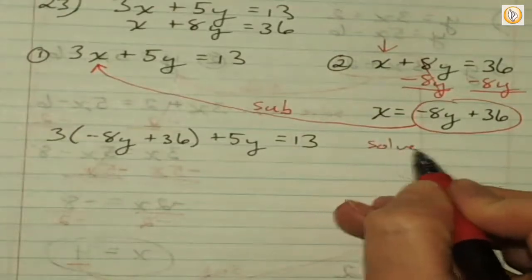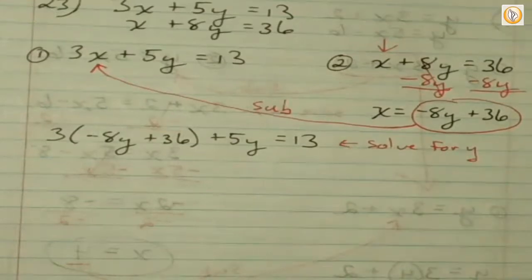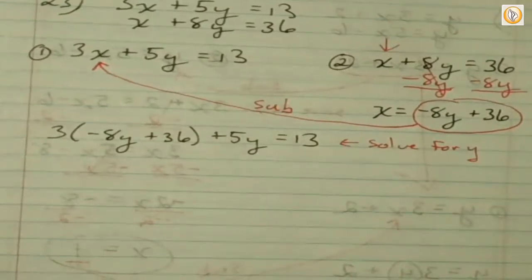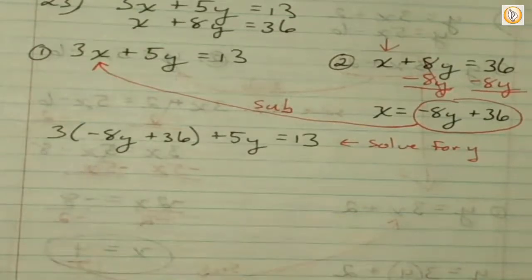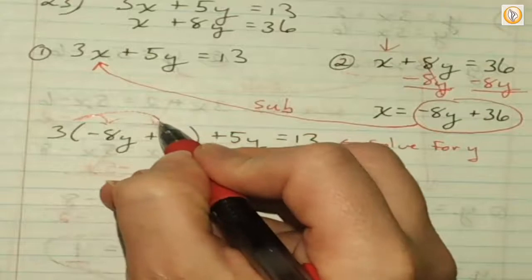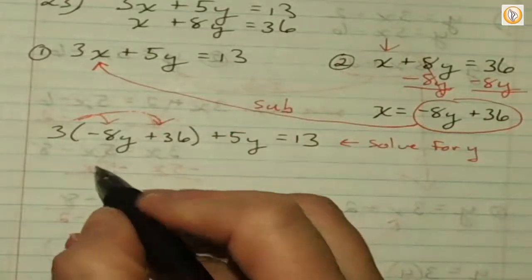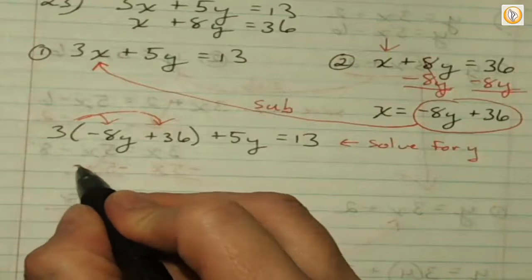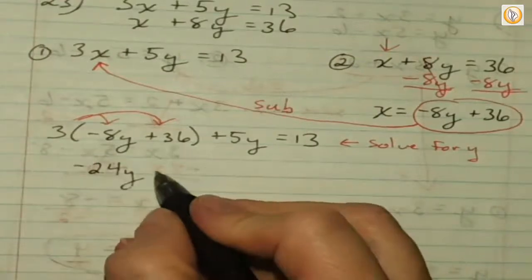Now this time we're solving for y. So chat, we're going to be doing distributive property. So what is 3 times negative 8y? Okay, and 3 times 36?